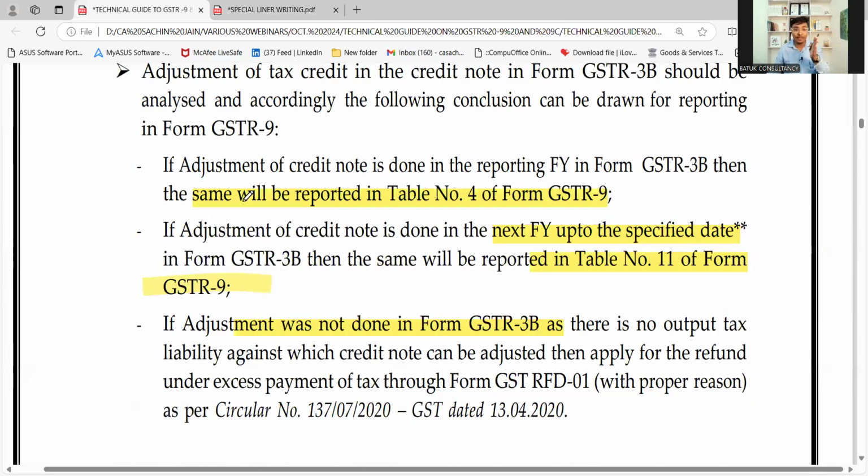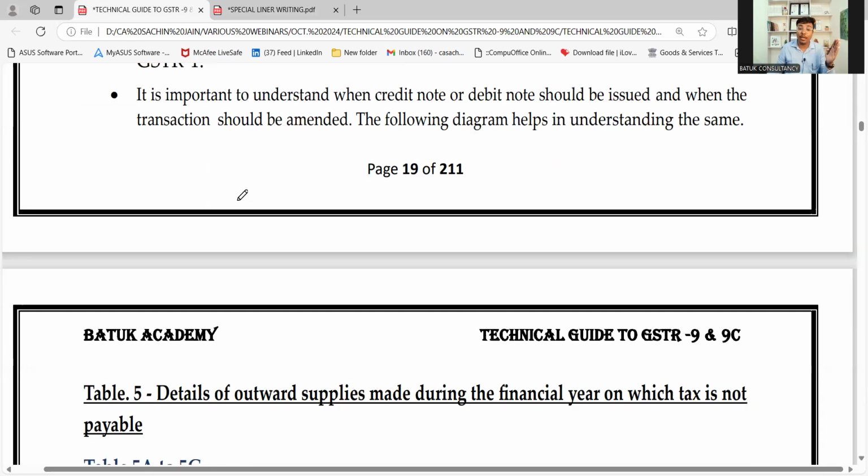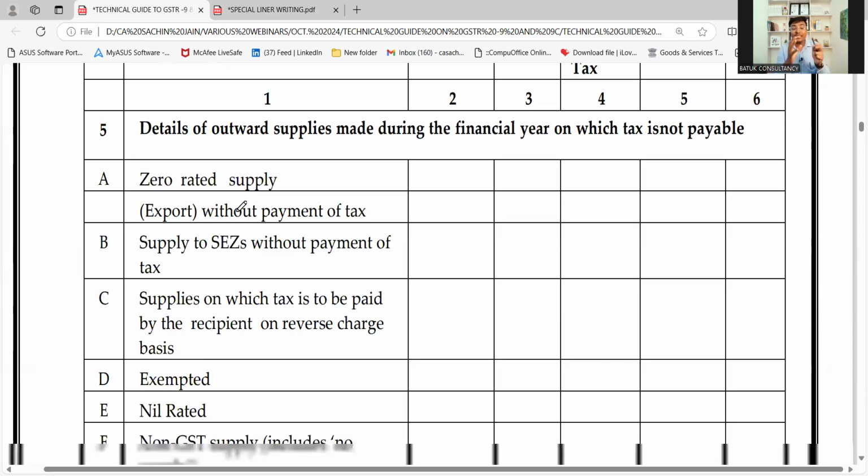So we need to reconcile the turnover from audited financial statement, and for that purpose we need to consider these type of sales.